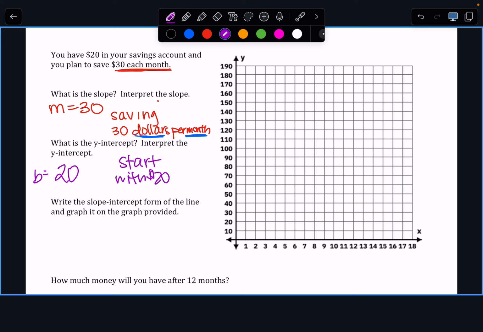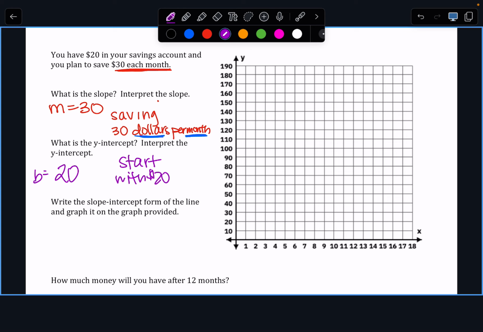When I ask you to interpret the slope, you're going to have blank per blank. You're going to have your label, dollars per month, miles per hour, whatever it may be. Anytime I'm asking you to interpret the y-intercept, it's where we begin. It's where we start. Okay?